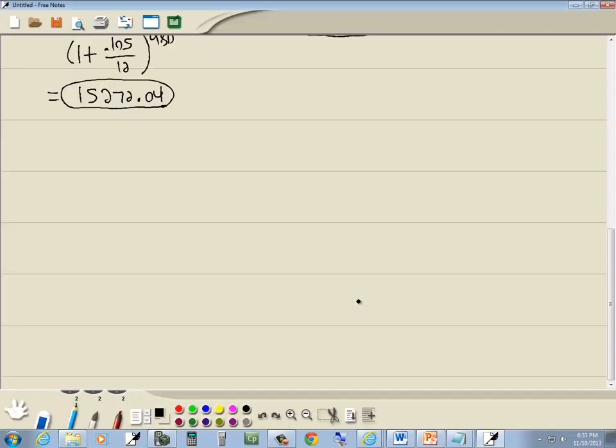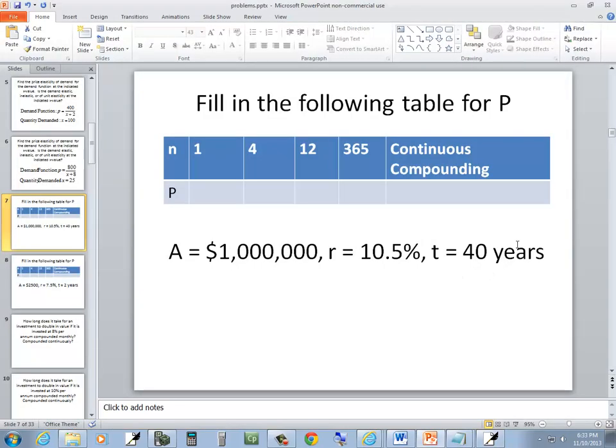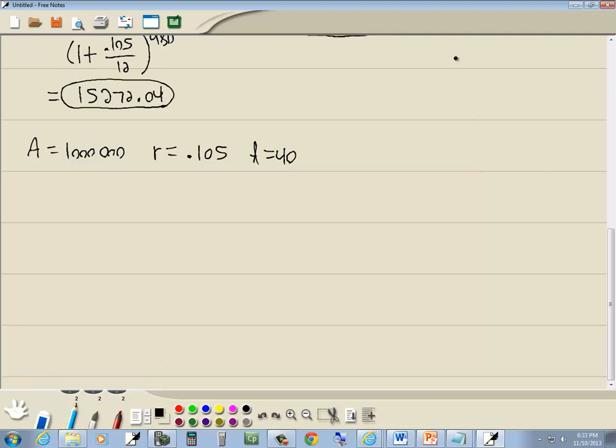Okay, so we got A is equal to 1 million. R is equal to 10.5%, or in decimal form, 0.105. Time is 40 years. This next part is asking us about continuous compounding. So that would be our PERT formula. So we got A is equal to P e to the RT.